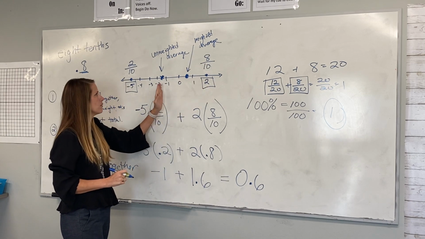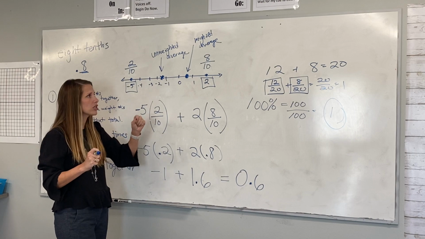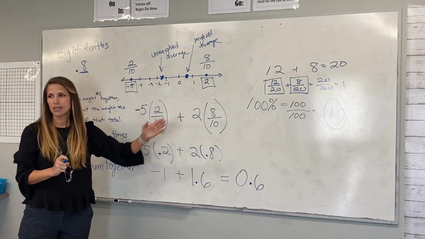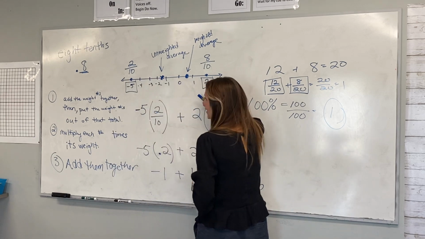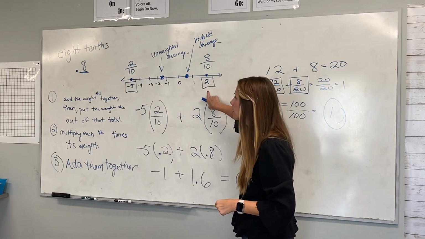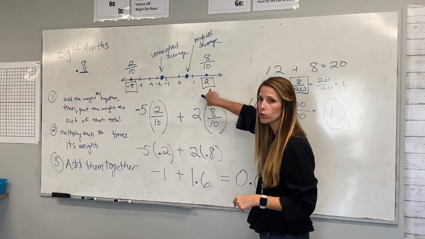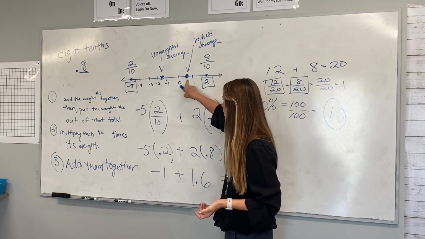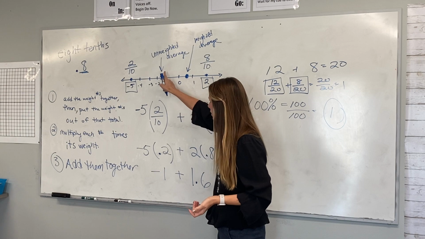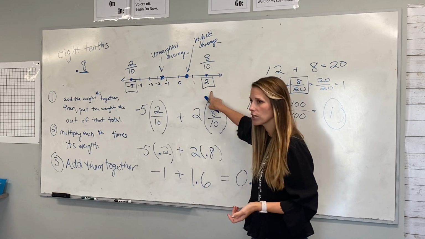So does it make sense that the weighted average is going to be closer to this? Because instead of being smack in the middle, the 2 is saying, I'm bigger and stronger, so you have to come closer to me. So does that make sense that the weighted average would be no longer halfway in between, but closer to the 2?